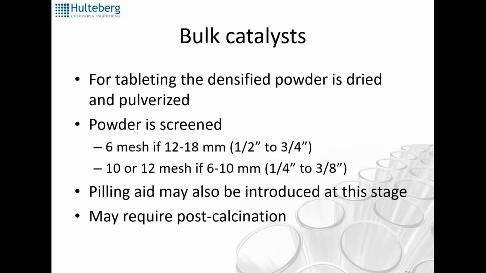For tableting, we first screen the powder that we have produced, and depending on the size of your tablets, you need different screens to make sure that there are not any large lumps left. We add this tableting aid, the graphite or whatever, and the graphite, as I said, might require post-calcination.